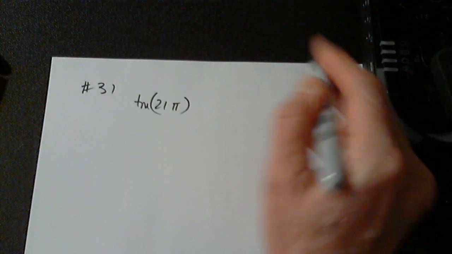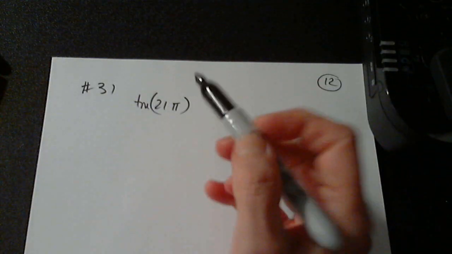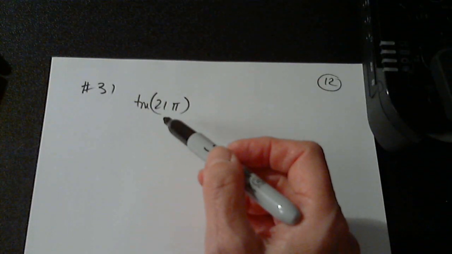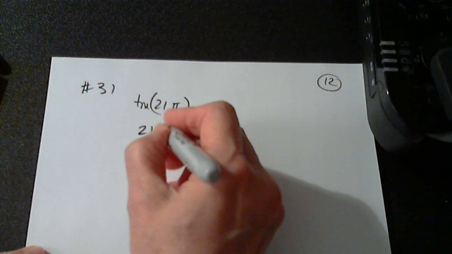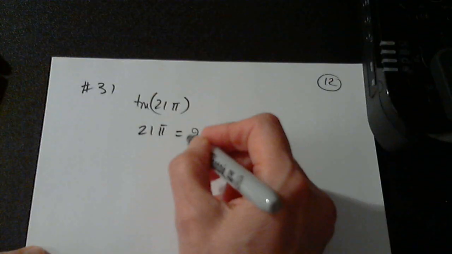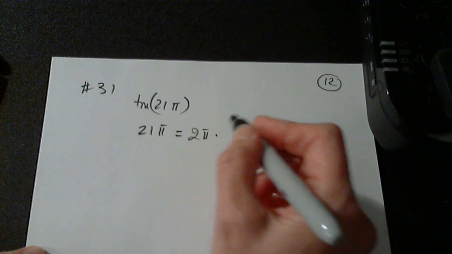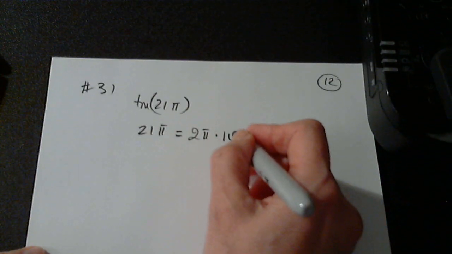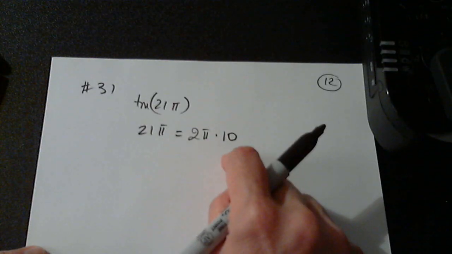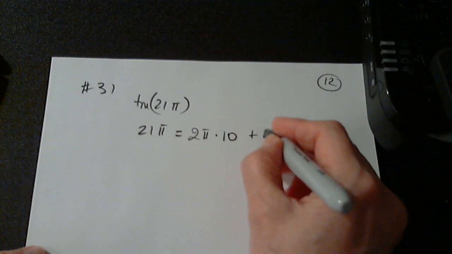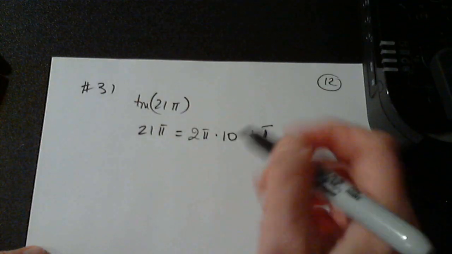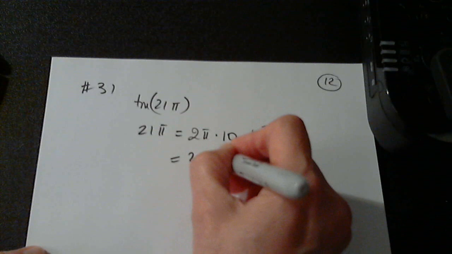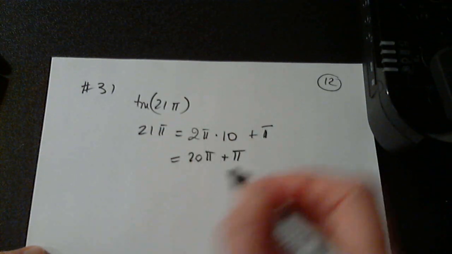Okay. So let's take a look at this. I have no idea what 21 pi is. But I know that 21 pi is 2 pi times 10, so 10 full rotations, plus another pi. 2 times 10, so this is basically 20 pi plus 1 pi. That is 21 pi.